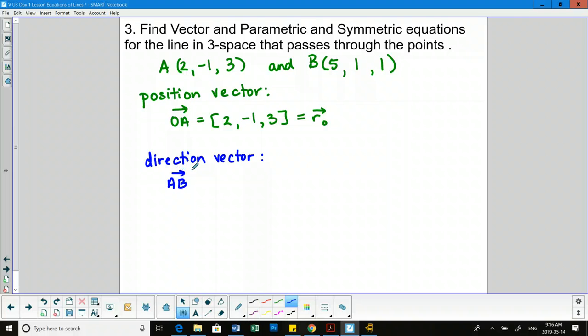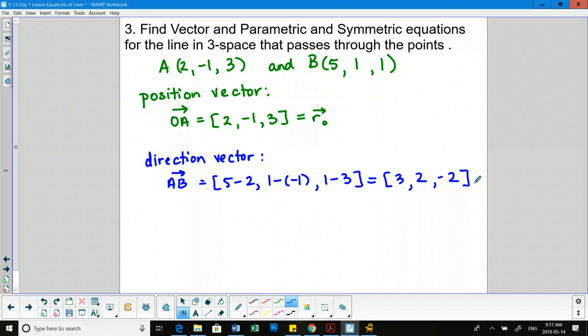That's essentially going to give me the vector that's parallel to our line, so that we know the position and also the location and slope of that line. So we said we can find this by doing 5 minus 2. Tip components minus tail components is what I'm doing. 1 minus -1 and 1 minus 3. So we get the direction vector 3, 2, -2, which is what you guys saw on the software previously.